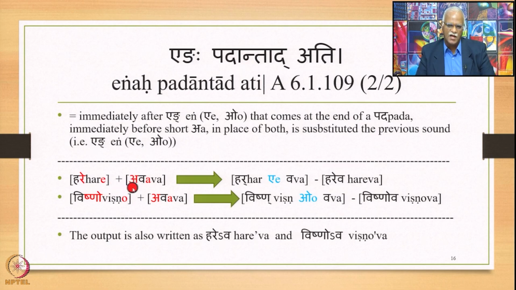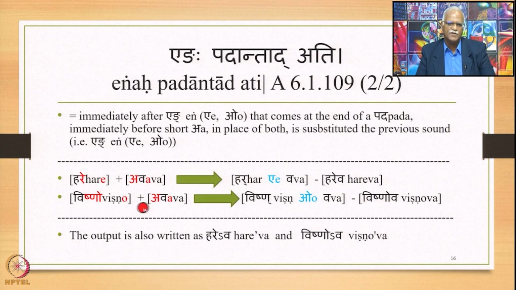And now in this case 61109 applies and generates the output. In place of a and a is the substitute. So you have hare, a and va, and then you join them together and you get hare va as the output.